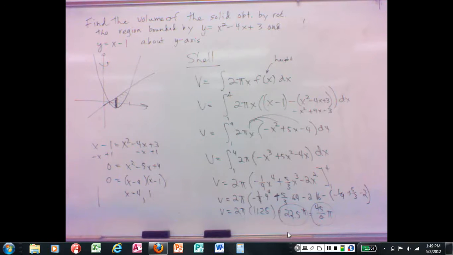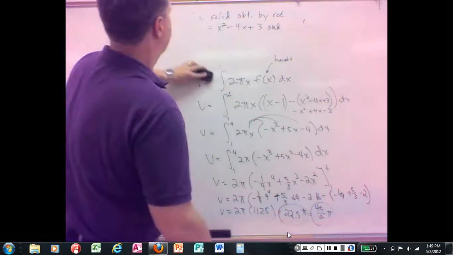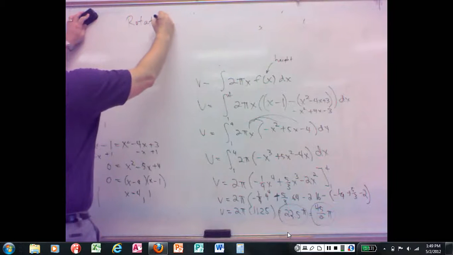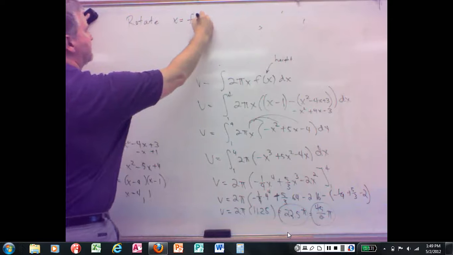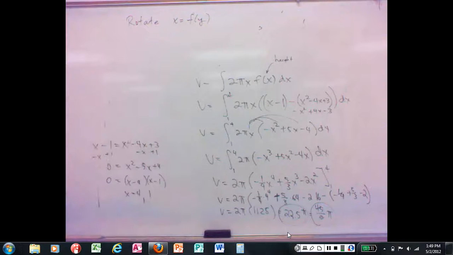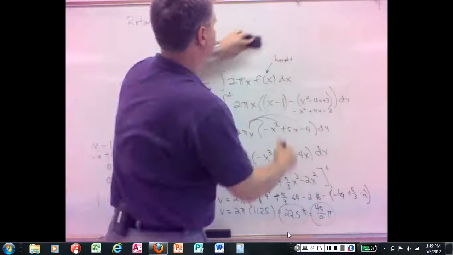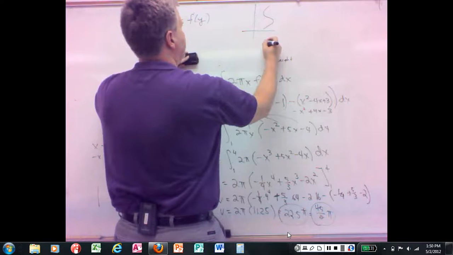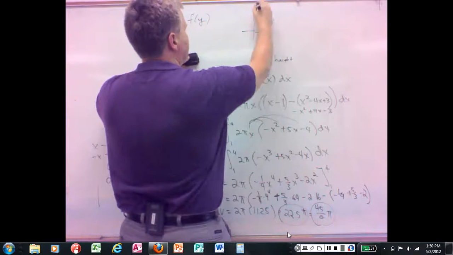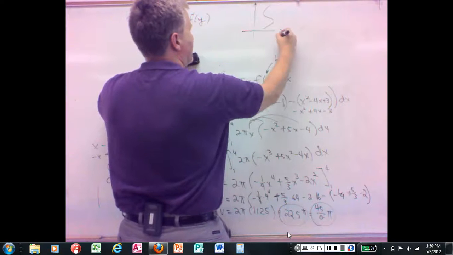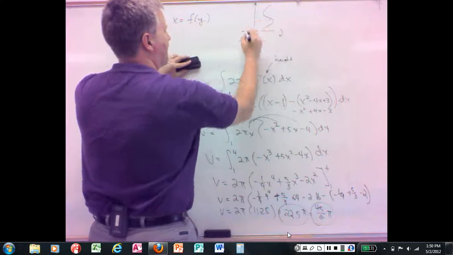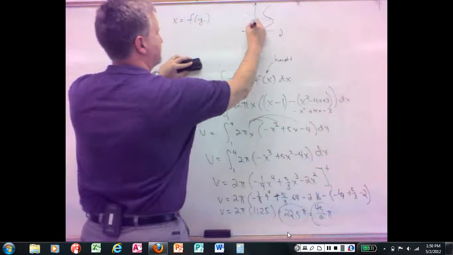Now, real quick, what I would say, if I rotate x equals f of y, I'm talking about the regular, got an f of y function, and I rotate that about the x-axis, I'm going to want to integrate with respect to y there, from c to d.